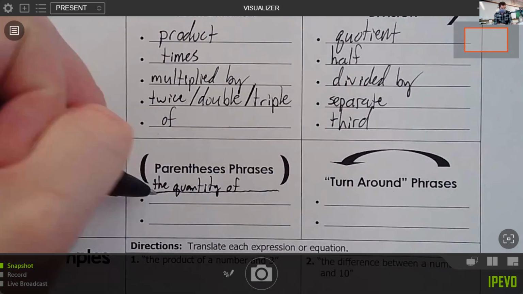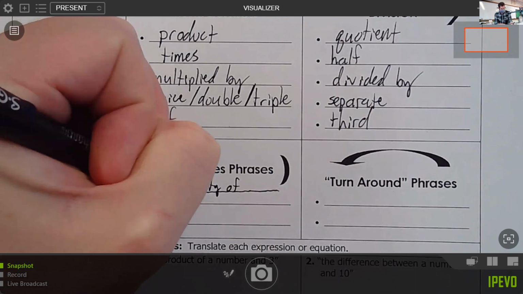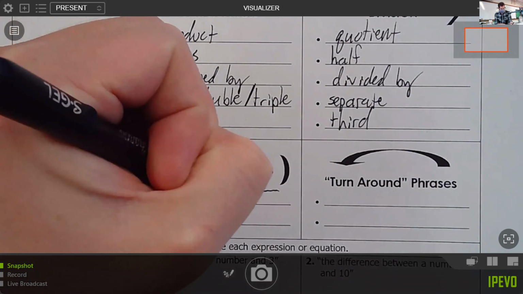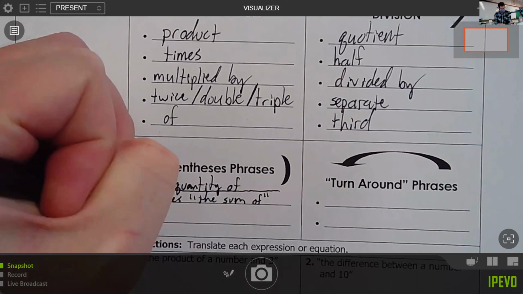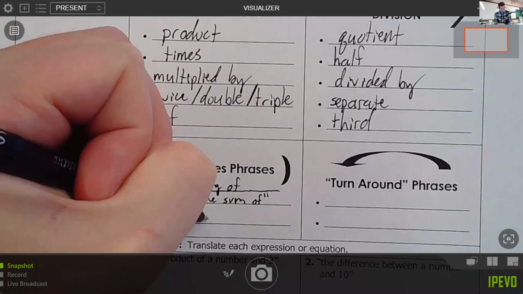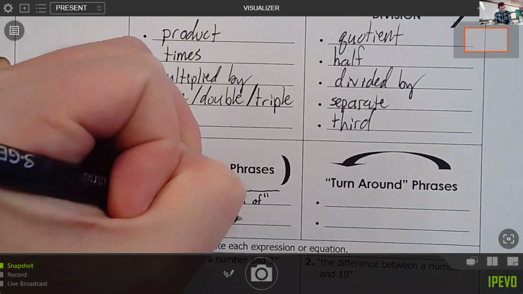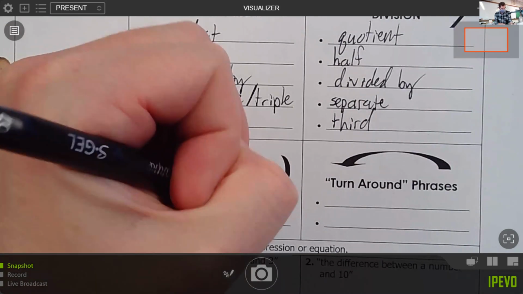So let's see, times the sum of. If something tells you it's times the sum of something else, the sum of that thing would be in parentheses. And I'll show you what that looks like. And then the other one would be times the difference of, or difference between.